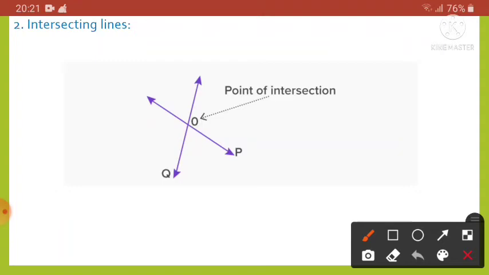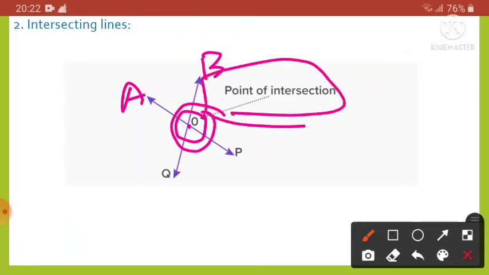Here you can see two lines, suppose PA and QB, which intersect at a point O. So the lines PA and QB are called intersecting lines, and they are meeting at a point O. So O here is known as the point of intersection. The lines which are intersecting with each other are known as the intersecting lines.